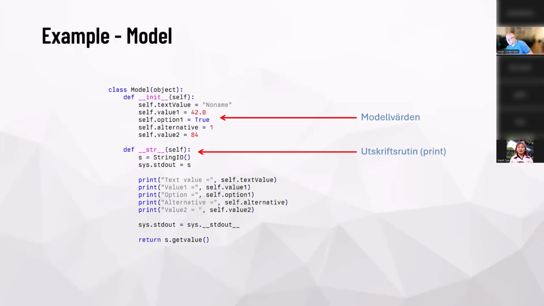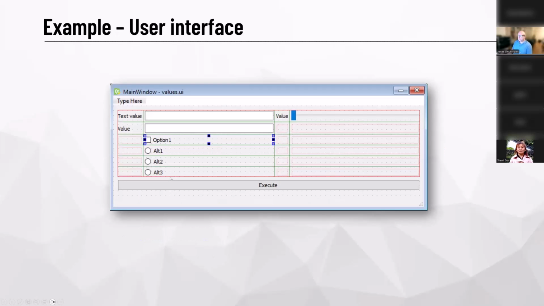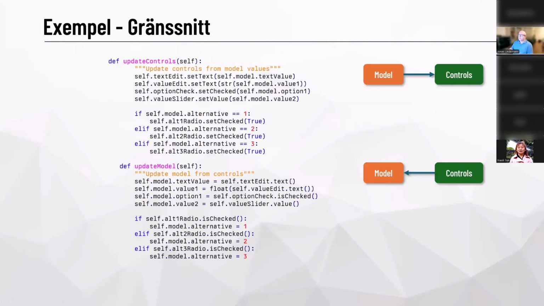So let's create a really simple model here. It's not a very useful model, but it will contain only the properties of the model. So in here I have values, I have options, I have alternatives. The model can print itself. You create the user interface here, and then you display the values in that user interface.